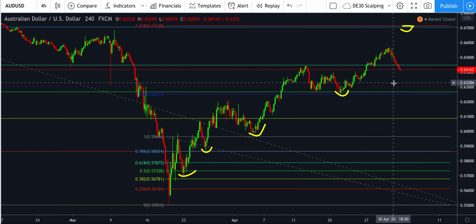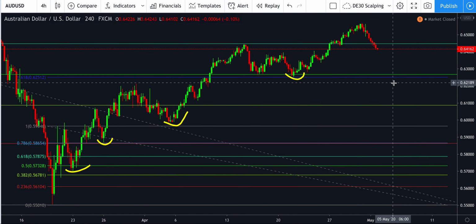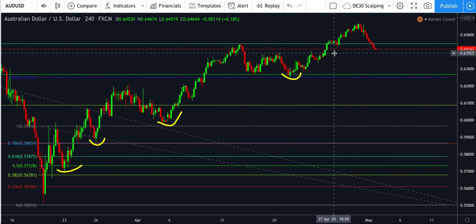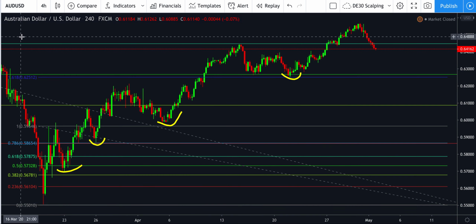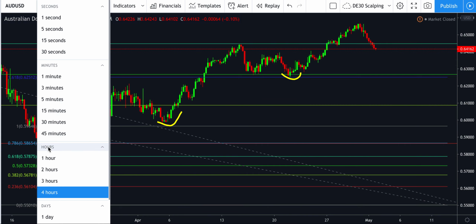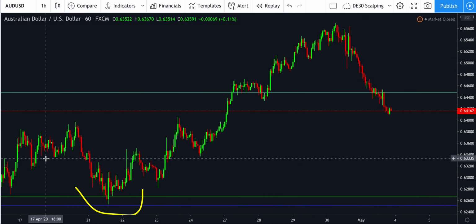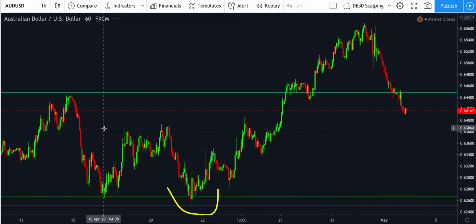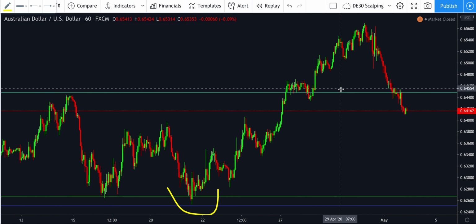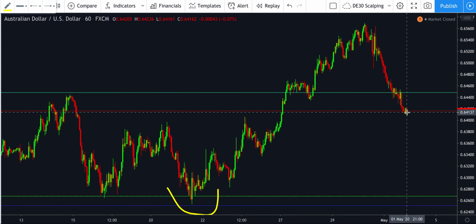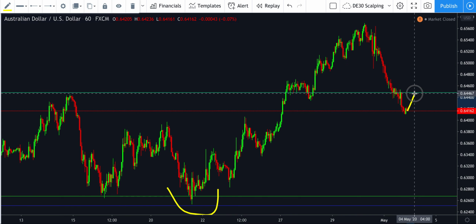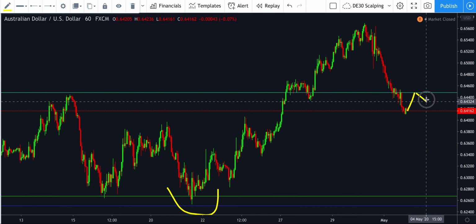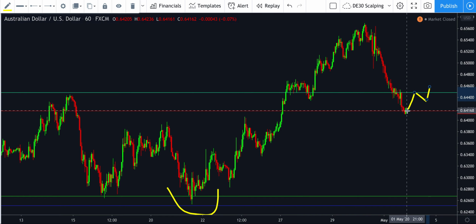So for Monday, what I would say is to wait for price to retest. Here is the trade setup. First of all, we have to see a correction, right? So we have to see price correcting and touching back this level, okay?